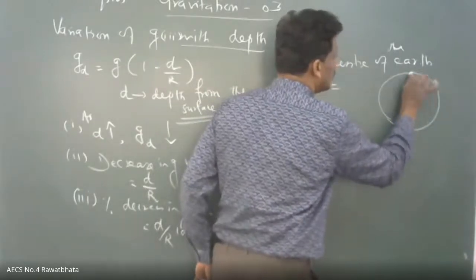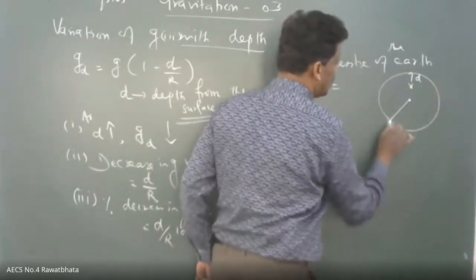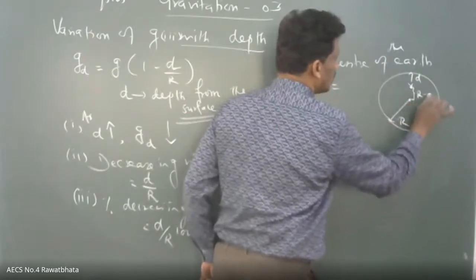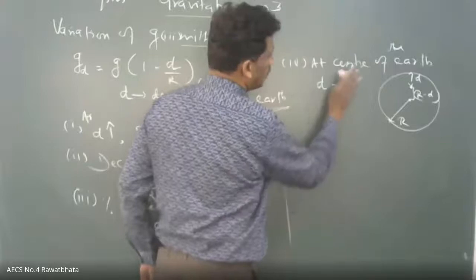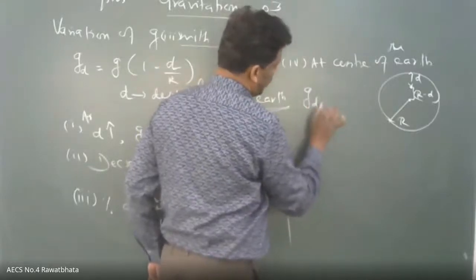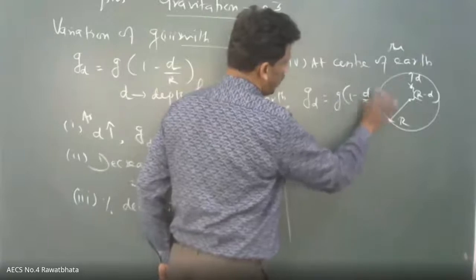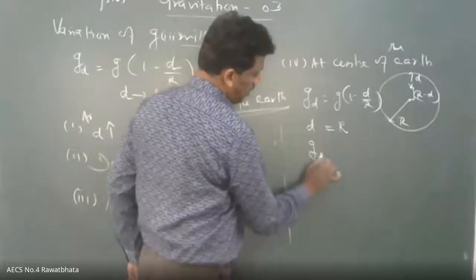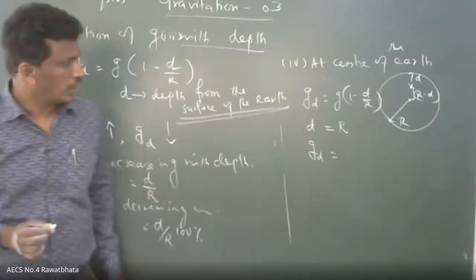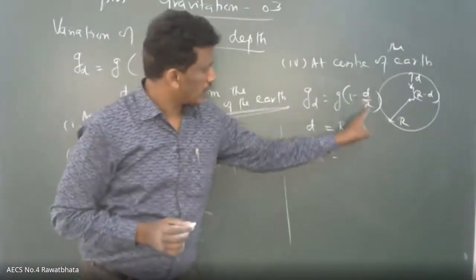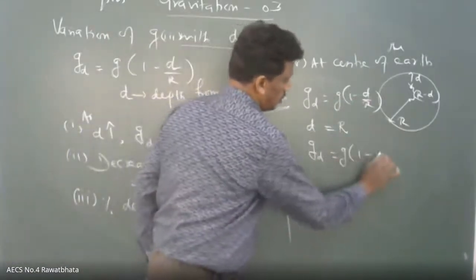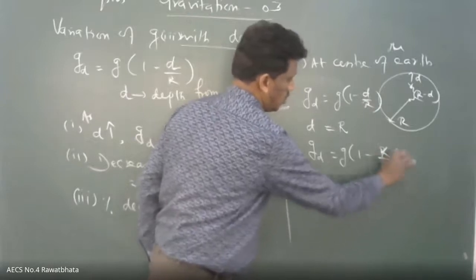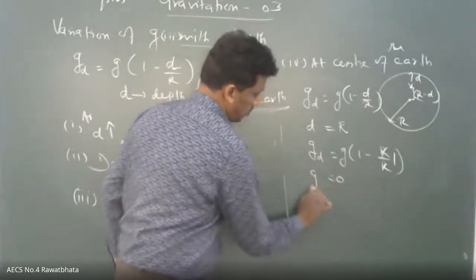Suppose this is D, this is R, this is R minus D. At the center of the earth, the formula is g_d equals g into 1 minus D by R. What is the value of D? D becomes R. So what is g_d? D is R, so 1 minus 1, 0. So 0.